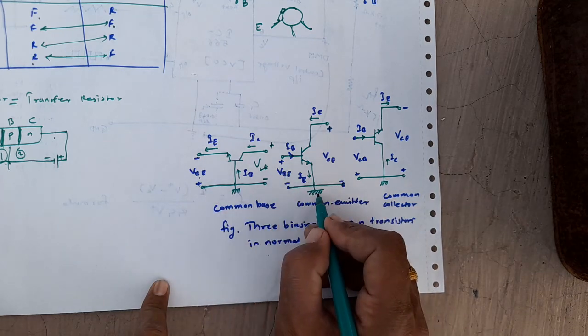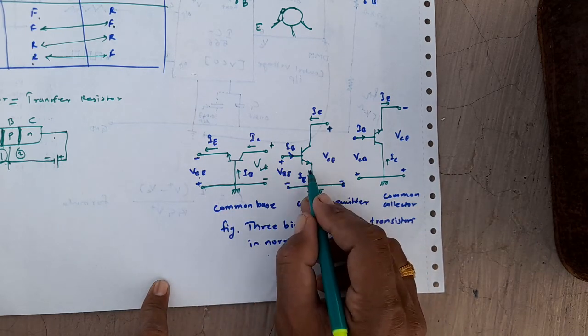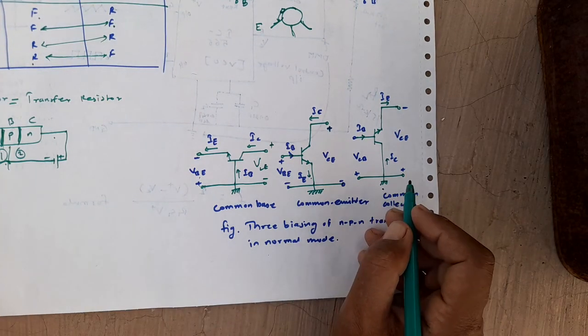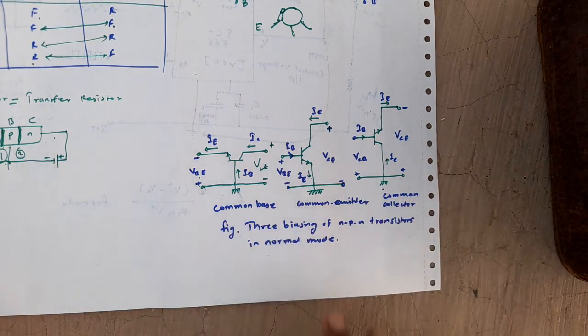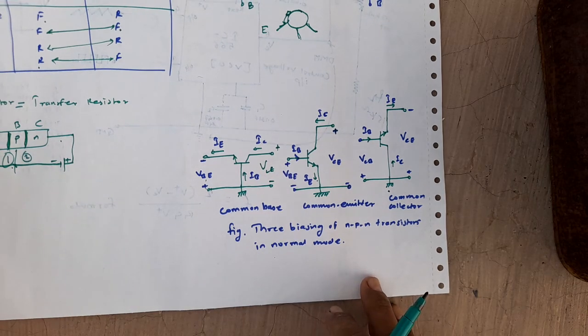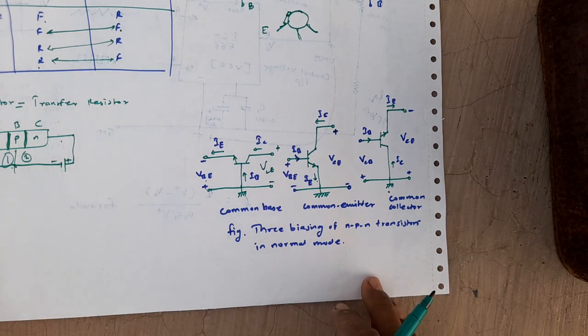Here the emitter is common, and in this case the collector is common. So these are the three different configurations of transistor biasing in the normal mode. The later things, how it operates, its working principles and the biasing conditions, we will see in the succeeding lecture.